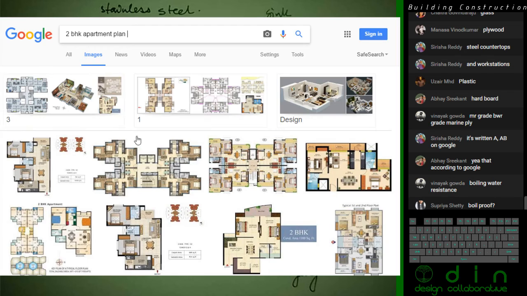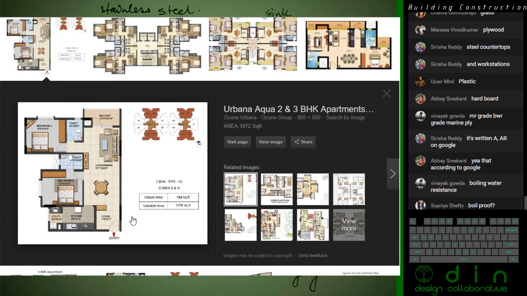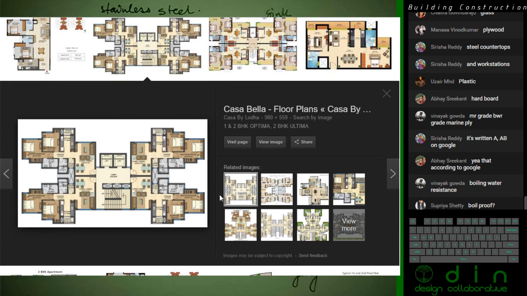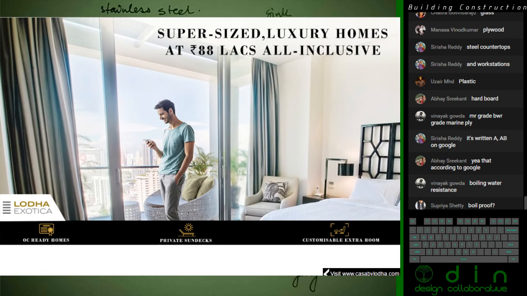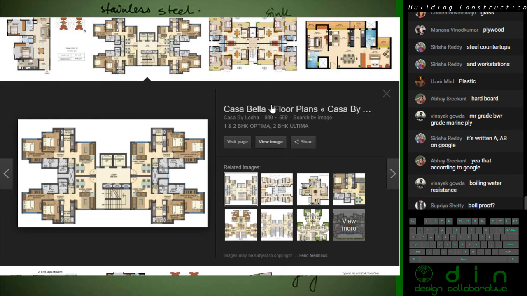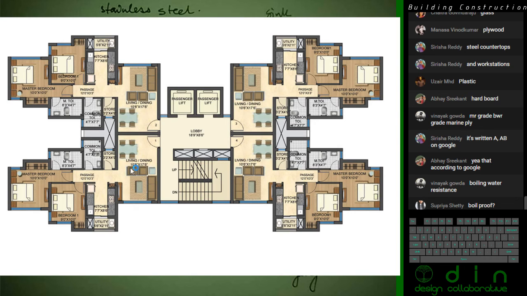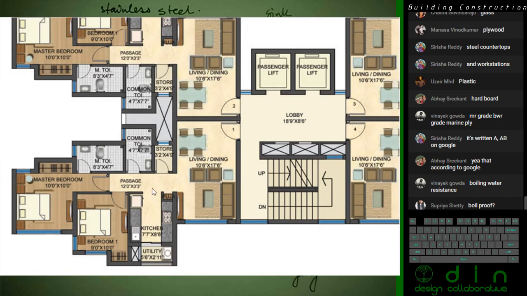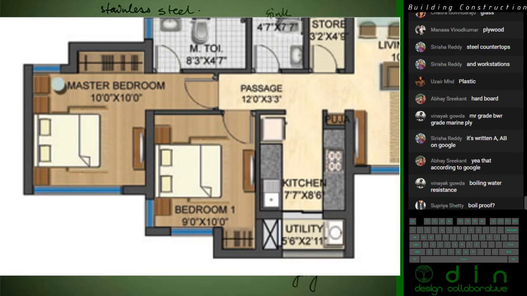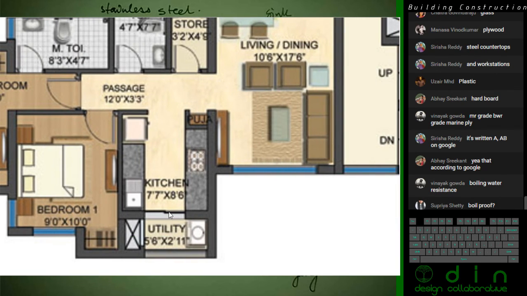Similarly, with this particular kitchen, again, this is literally the only shape possible.